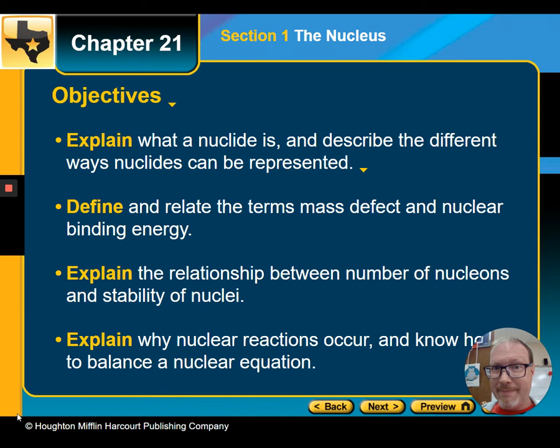Now, if you recall, we have talked about one of the laws of conservation of matter is that matter cannot be created or destroyed. In a normal chemical reaction, let's say that I am burning hydrogen gas, I'm combining it with oxygen, and I'm making water. Well, I'm not actually making water. I'm taking hydrogen atoms and oxygen atoms that I already had.